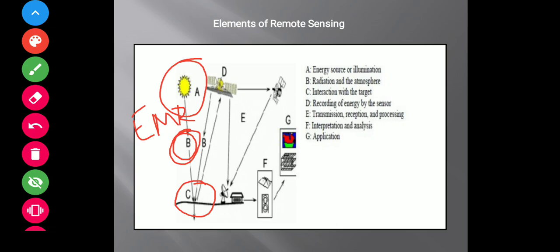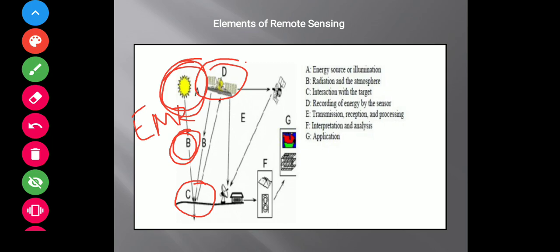What does this represent? See what happens when the energy source A is absent, like in the night. Then how will the remote sensing be done? So here comes the role of this sensor.